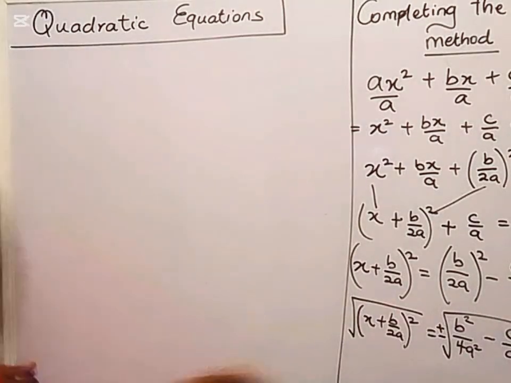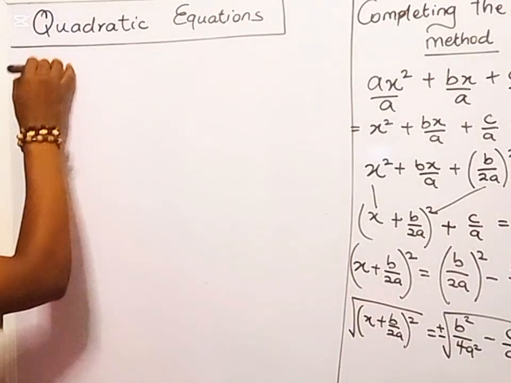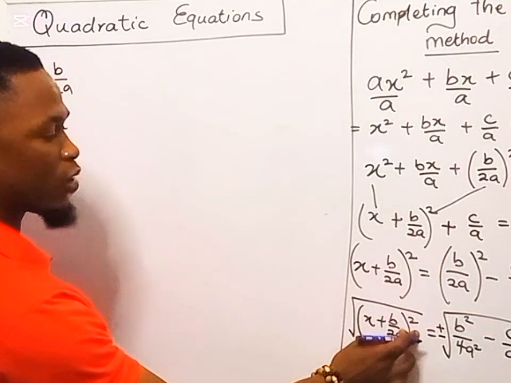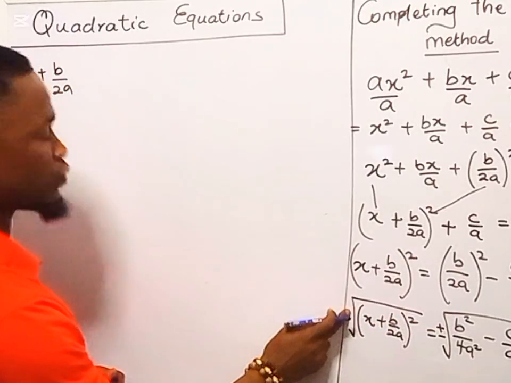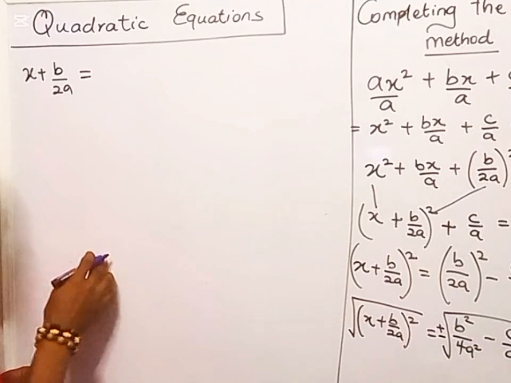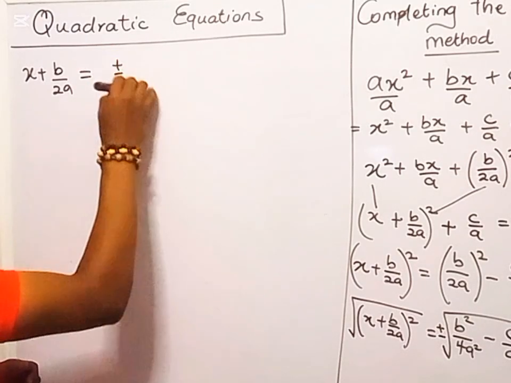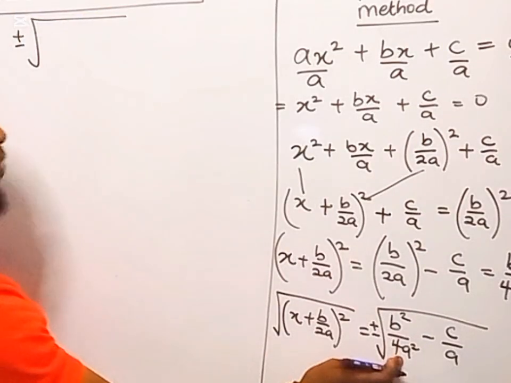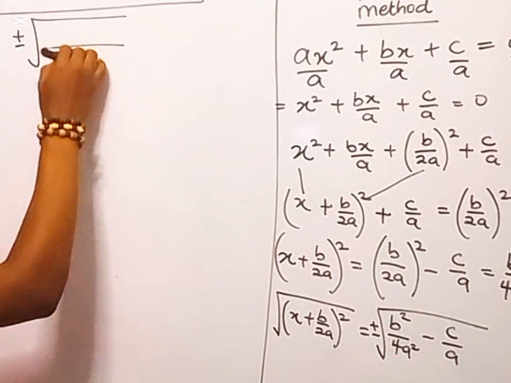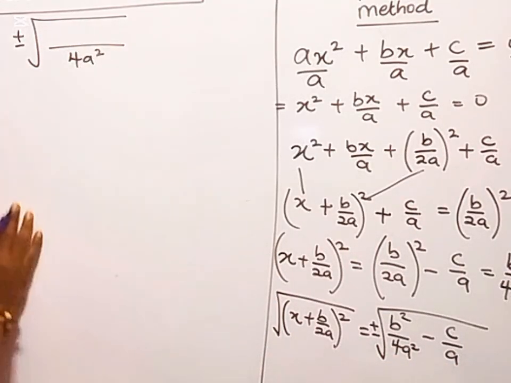So here we now have x plus b over 2a, because the square disappears because of this square root. It cancels out. So we have plus or minus the square root of, what is the LCM of 4a squared and a? The LCM is 4a squared. We write it as 4a squared.